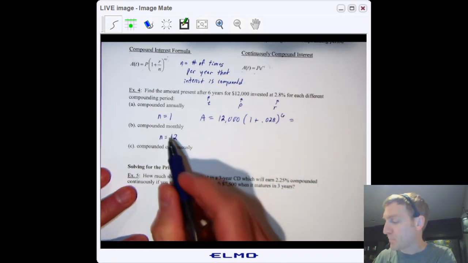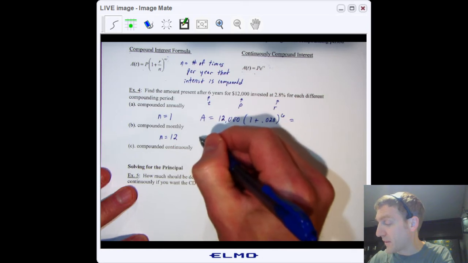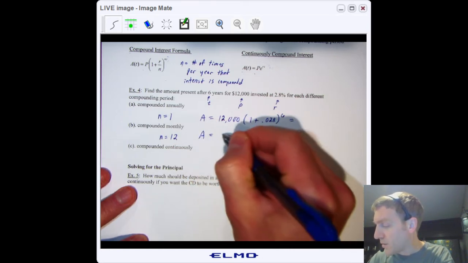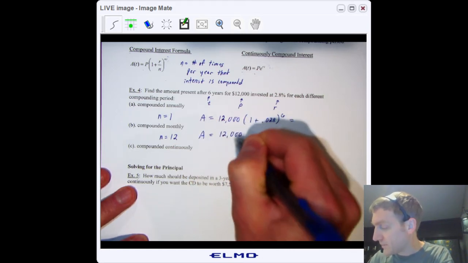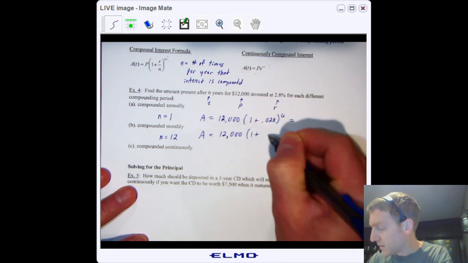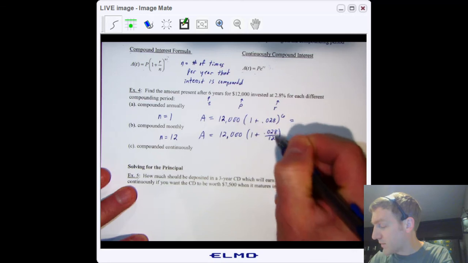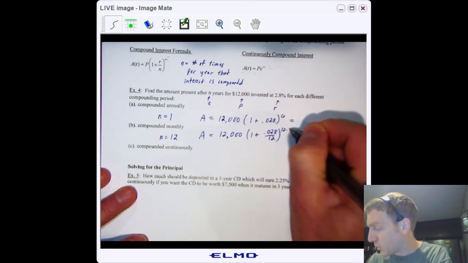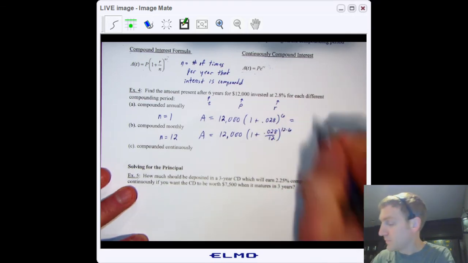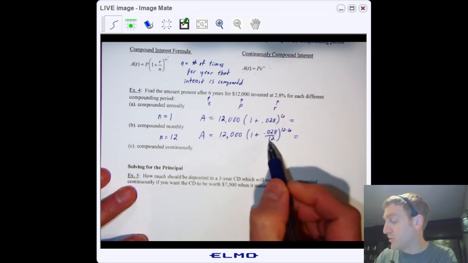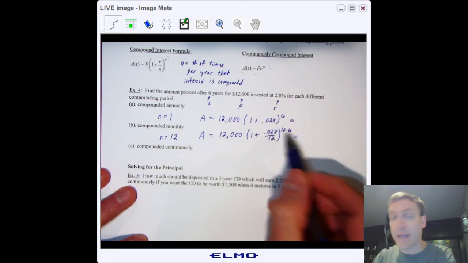Now, what if we have compounded monthly? Well, that's going to be 12,000 times 1 plus 0.028 divided by 12. So you take the r divided by 12, but then the exponent will be 12 times 6. So again, the n goes two places, r divided by n and n times t.